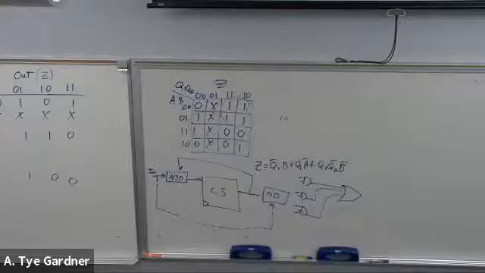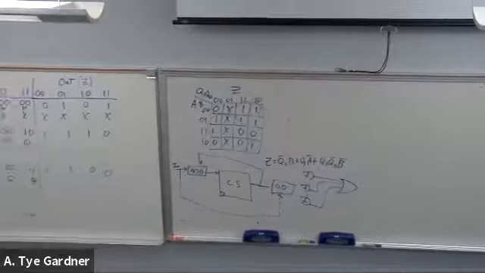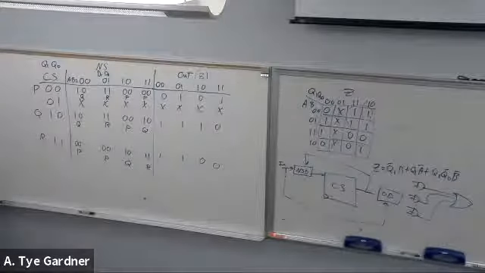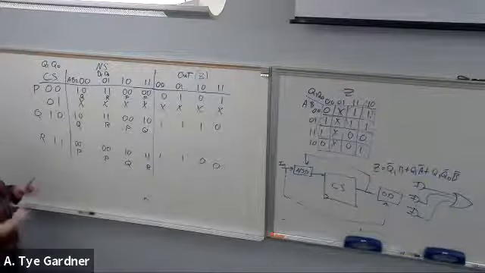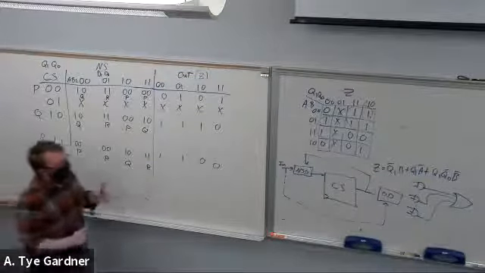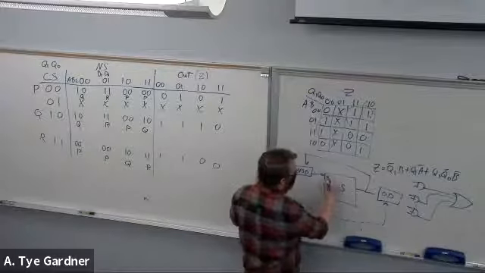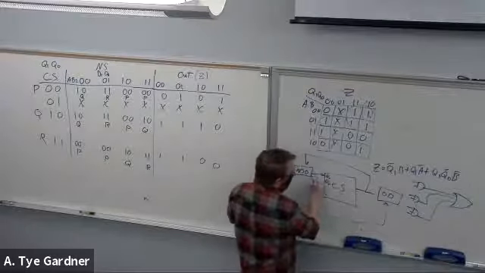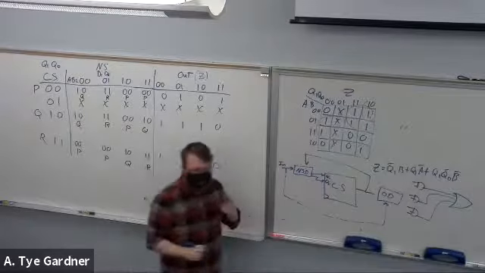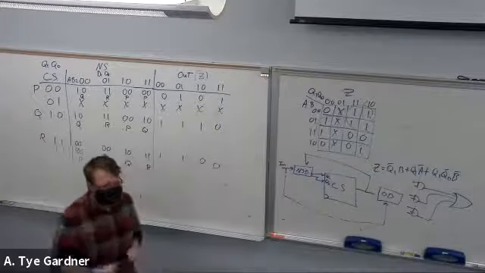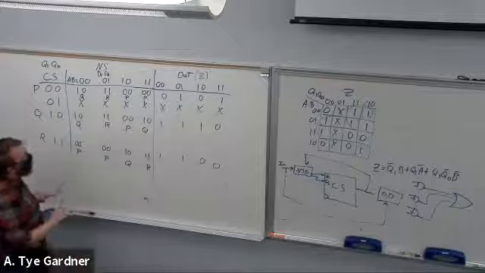So what we do is for the next state decoder, remember that current state is actually going to have Q1 and Q0, which means there's actually two paths. There are two sets of logic. I need to do them separately.